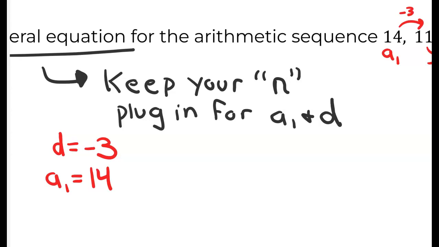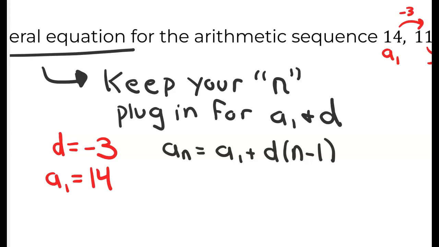So what we're going to do is plug those two numbers into the formula. Since we're writing our general equation, we're keeping anything that has an n in it.